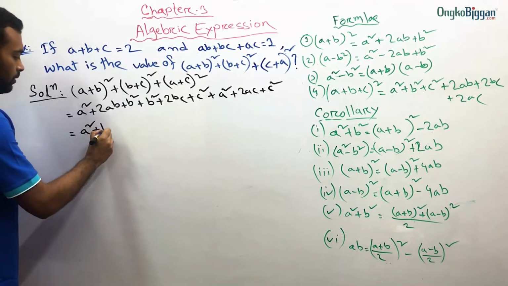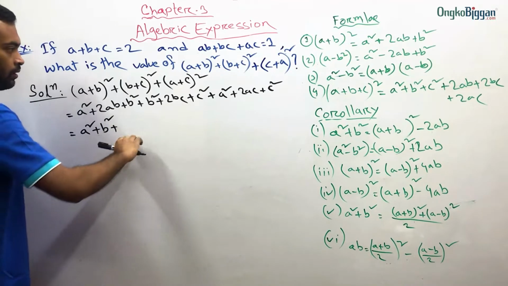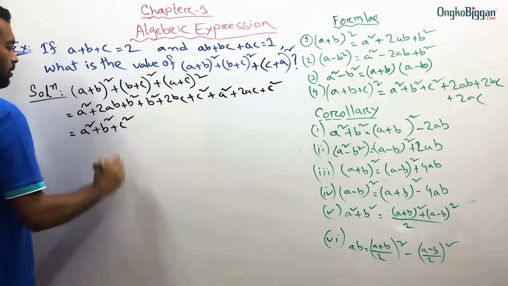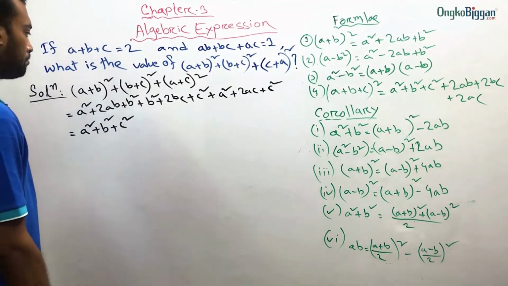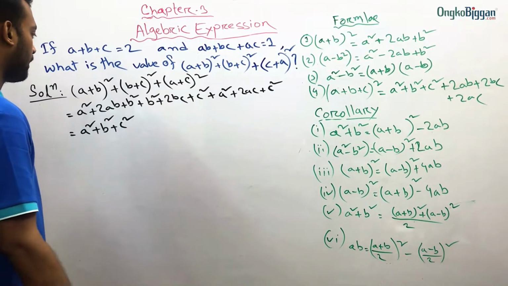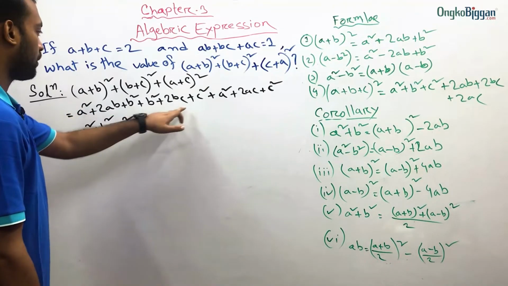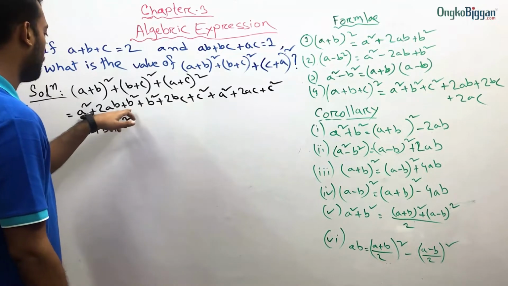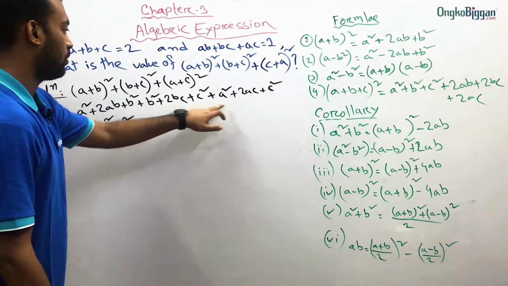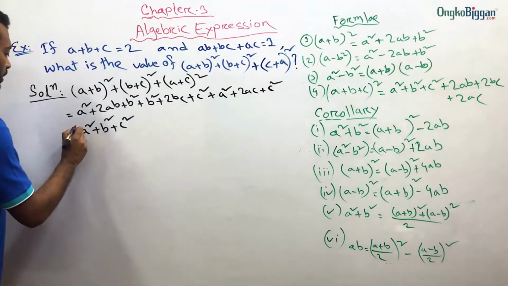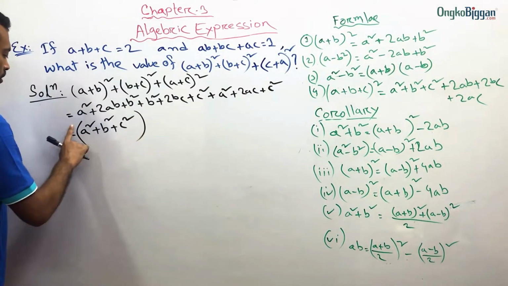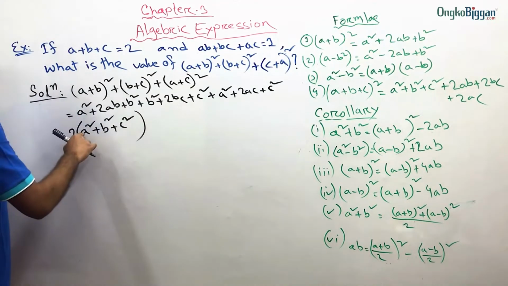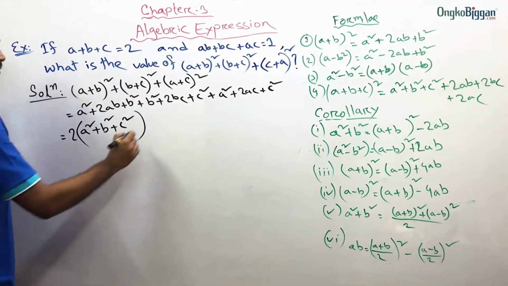A square plus b square plus c square. So let's see something. We have two a squares, two b squares, and two c squares, so we can say that this whole thing would be 2 times a square plus b square plus c square.